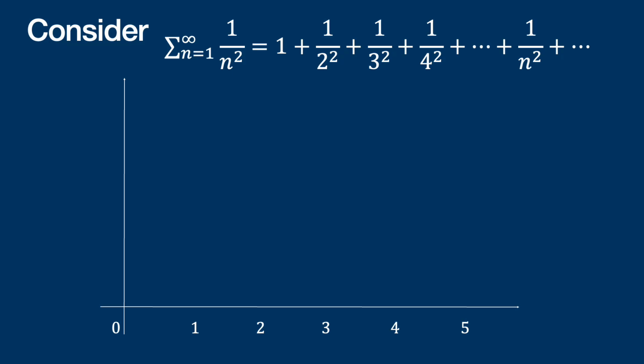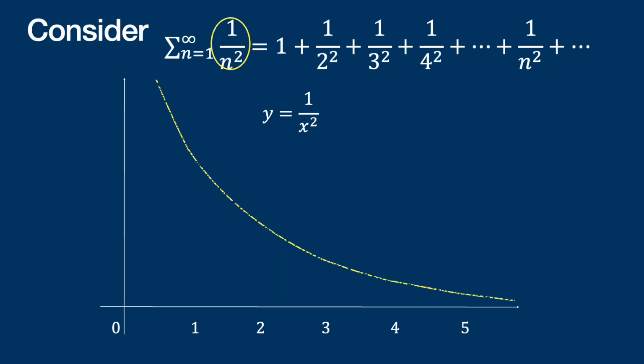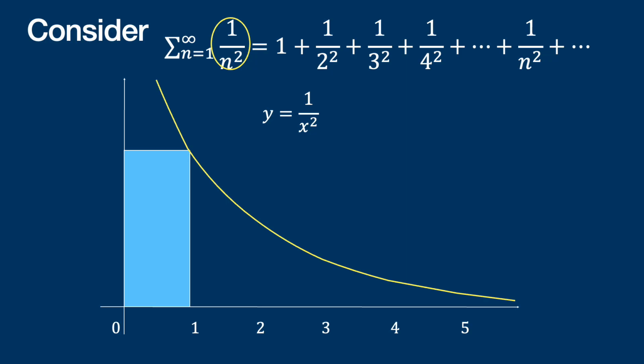You can find the function which is related to this sequence. That's going to be f(x) is 1 over x squared. So I sketch it. f(x) is 1 over x squared. Now, what are you going to do? I'm going to draw the rectangle. The base is going to be 1 each time. So you see, I have base is 1.